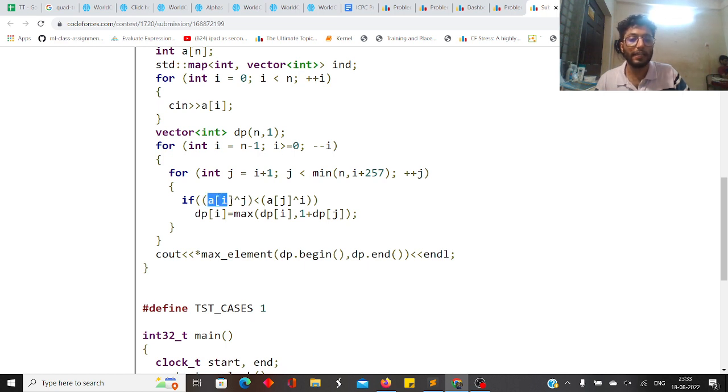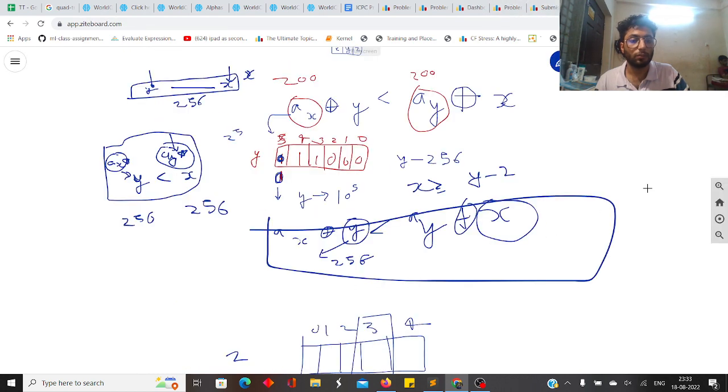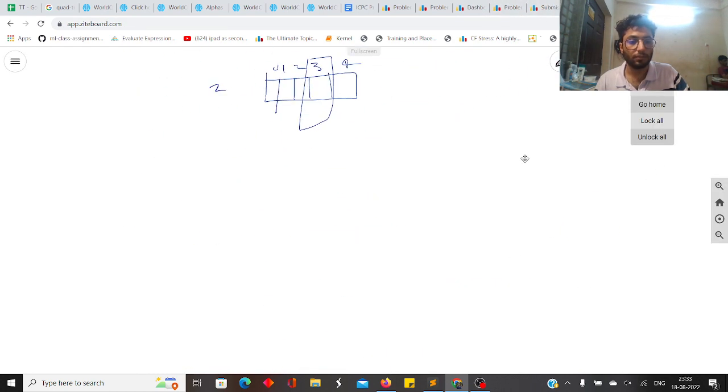So I check whether A[i] XORed with j is less than A[j] XORed with i. In that case, I extend my DP solution with dp[i] equal to max of dp[i] comma 1 plus dp[j]. dp[j] corresponds to the maximum possible subsequence starting at array element j, and I increment it by 1 because I'm also considering my array element i in this case.